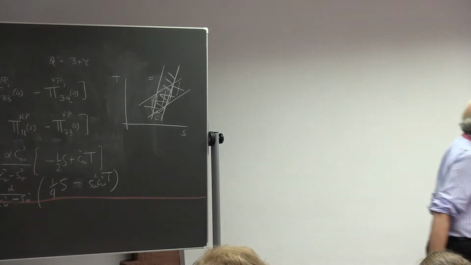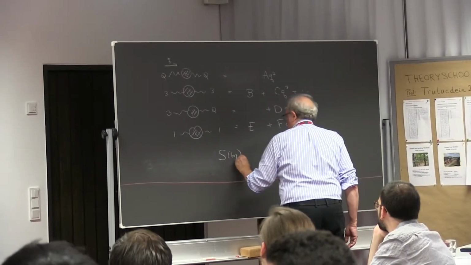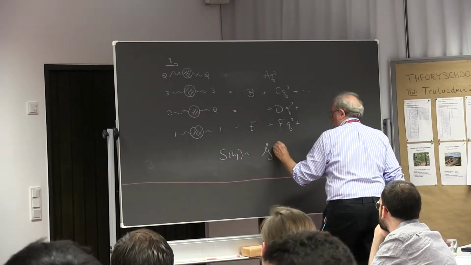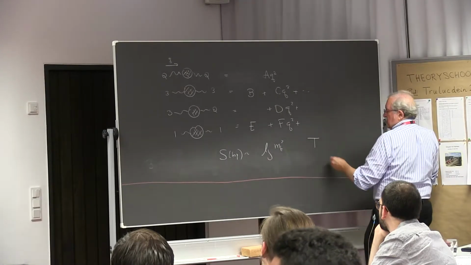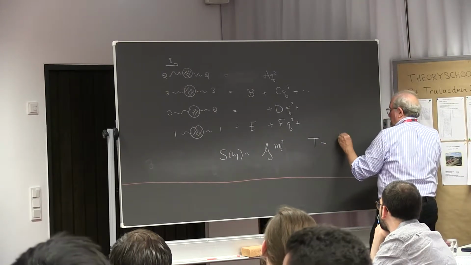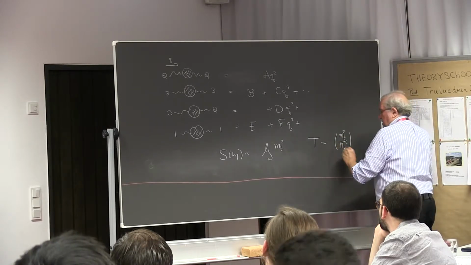In particular, let me just note, and I'll come back to this at the end of the lecture, that the contribution to S from the top quark is proportional to the log of mt squared. And the contribution to T from the top quark is proportional to mt squared over mW squared. It can be a very large effect.